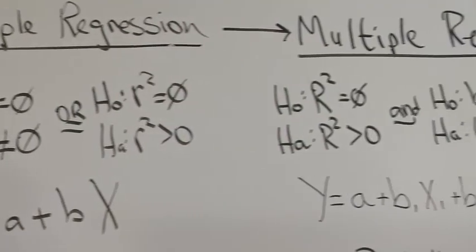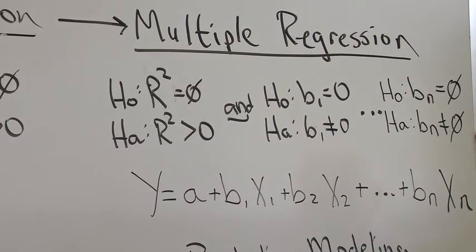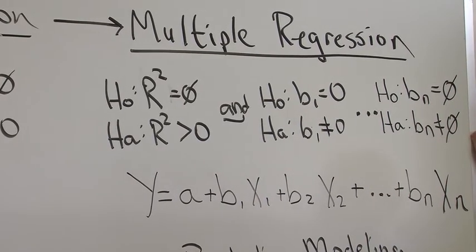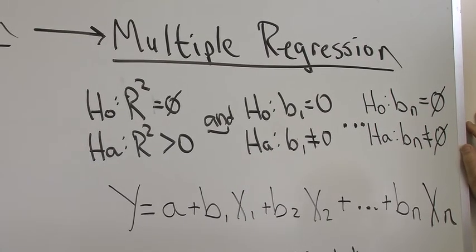Now, multiple regression is, in some ways, a small extension of simple regression, but it certainly adds a level of information and complexity. Let me first take you through the null and alternative hypotheses on the board.